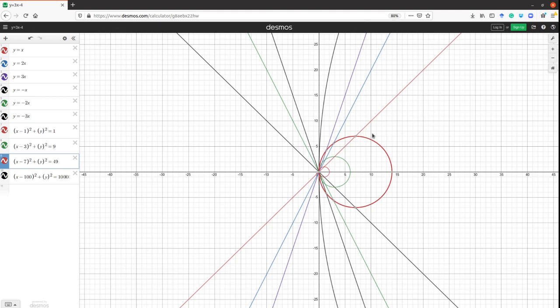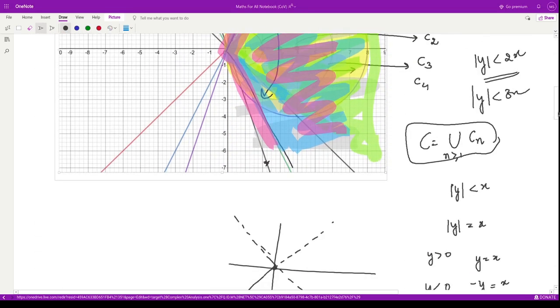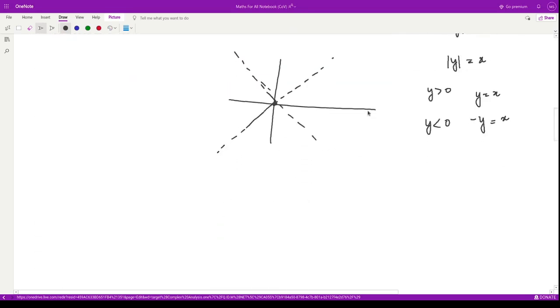So when you take larger and larger circles, what will you get? Let me just show you. Here if you take much larger circles, you will get something like this. The bigger circle would cover areas like this.